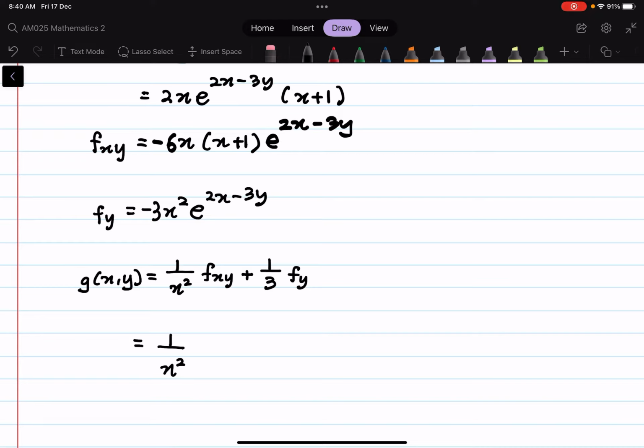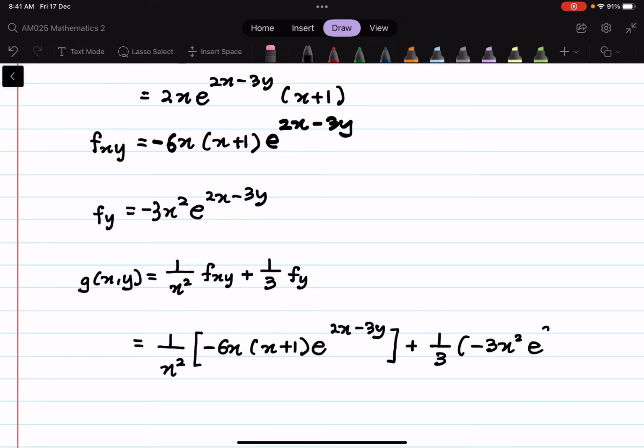Our f sub xy just now is negative 6x(x + 1) e^(2x - 3y), plus 1 over 3 times the f sub y, which is negative 3x squared e^(2x - 3y).